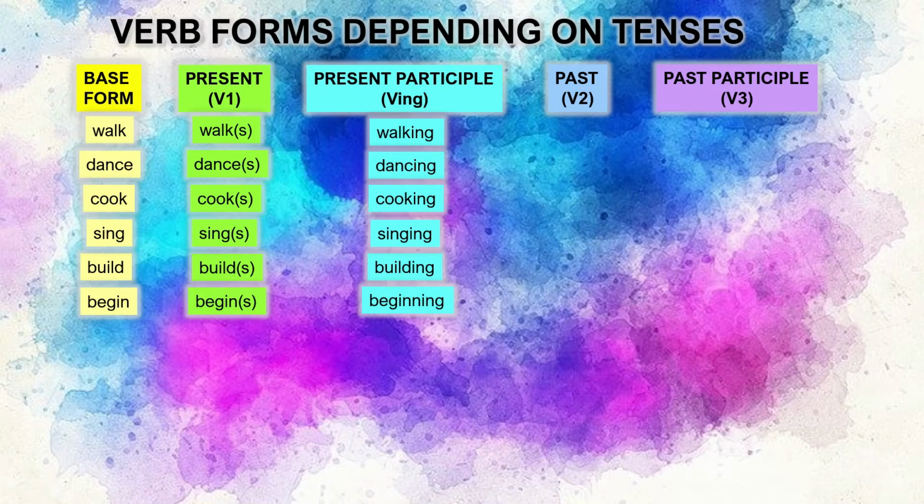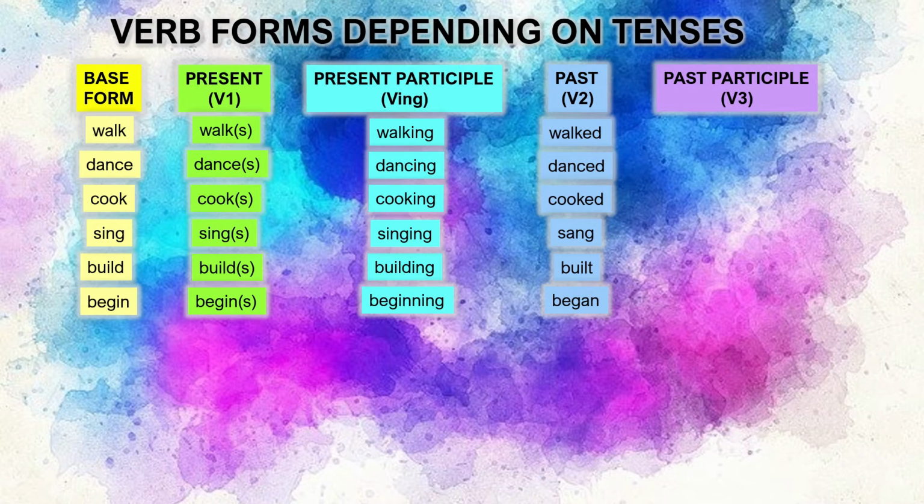If the tense is past, or if the event occurred in the past, then you need to use the past form of the verb, or verb 2, like walked, danced, cooked, sang, built, and began.